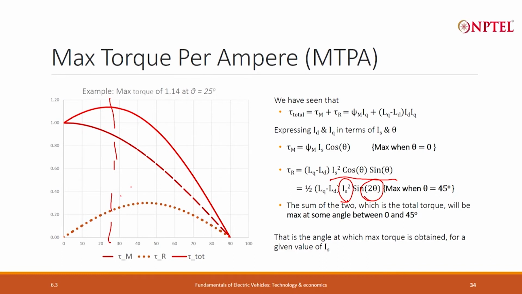Before I go on to the next slide, I want you to reflect a little more on this interesting dynamics of the reluctance torque. We only looked at the theta part, that the reluctance torque is proportional to sine of 2 theta. The part that we did not look at is that the reluctance torque is proportional to square of the current, whereas the magnetic torque is proportional to the current.